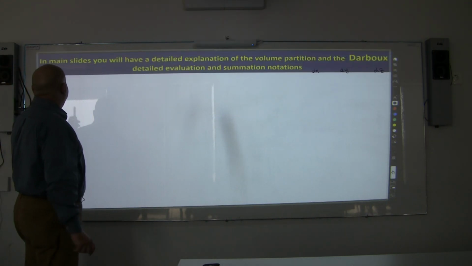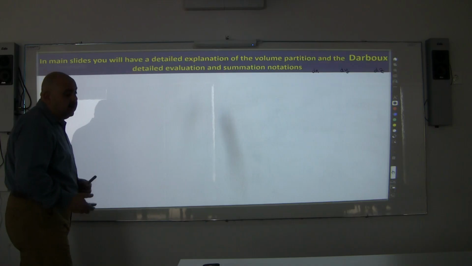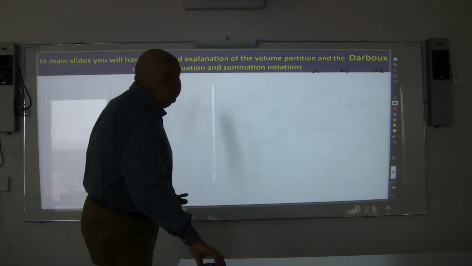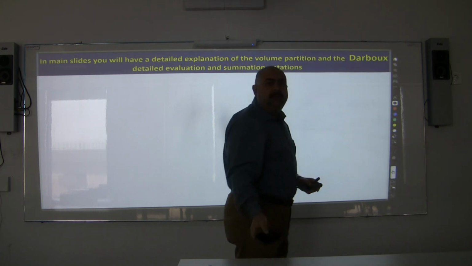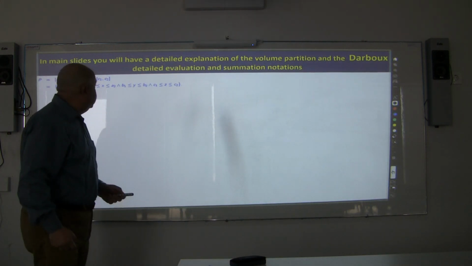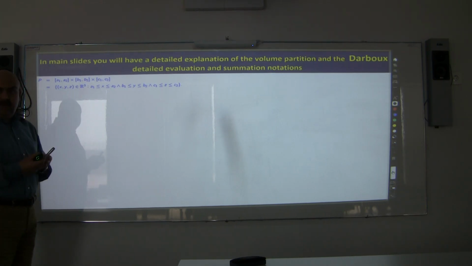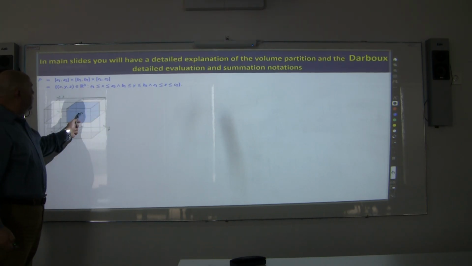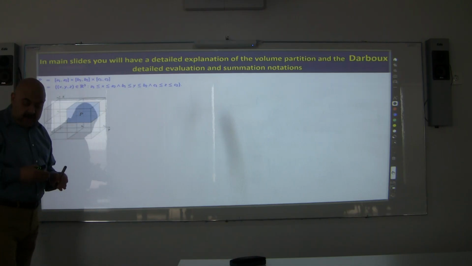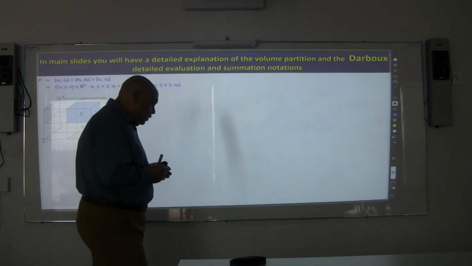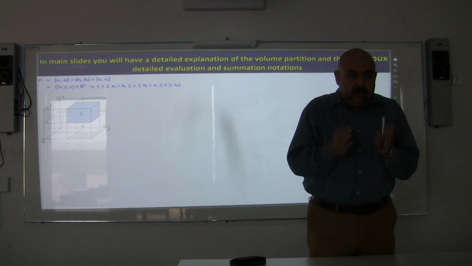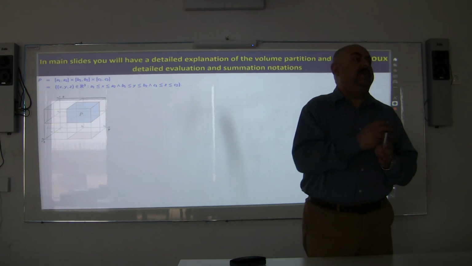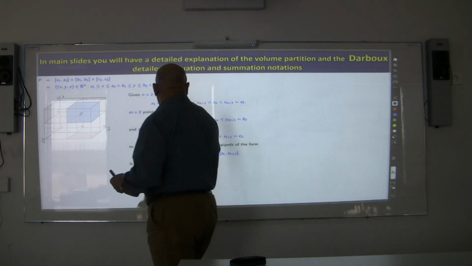Here it says in the main slides you will have for this part a detailed explanation of the connection between the volume and the summation notation, how it is gathered all together, and we are talking about the cubic element, which is just stratification of the volume of the surface into small cubes and adding them together through the various summation notations.